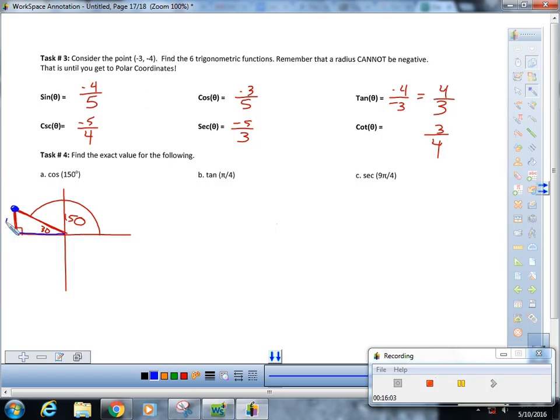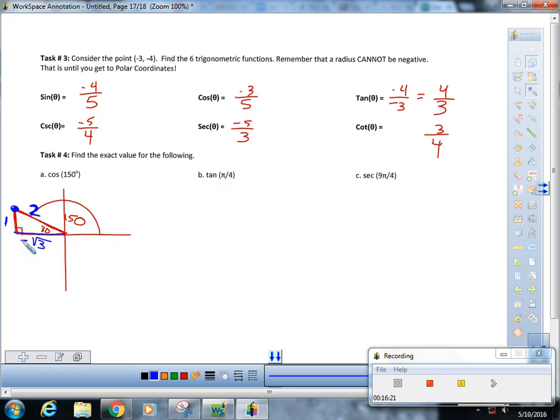So if this is 1, the short leg is 1, what's the hypotenuse? And what's the long leg? Okay, radical 3. Now, do cosine. So shouldn't this be a negative radical 3? Right?